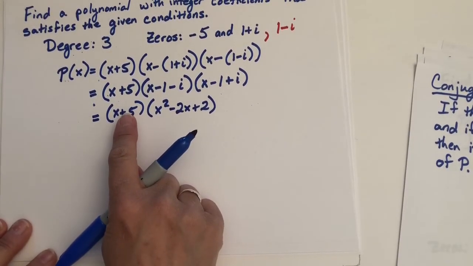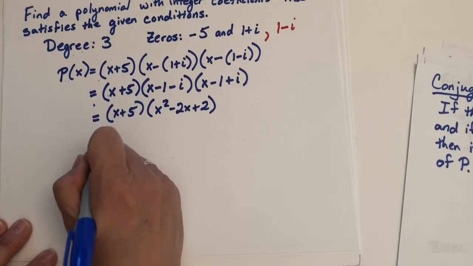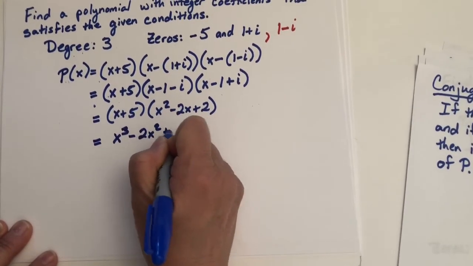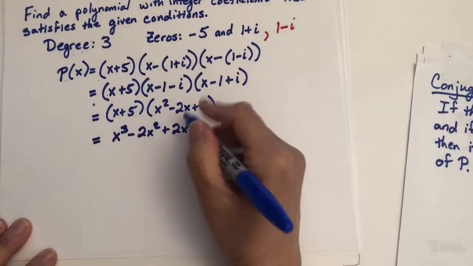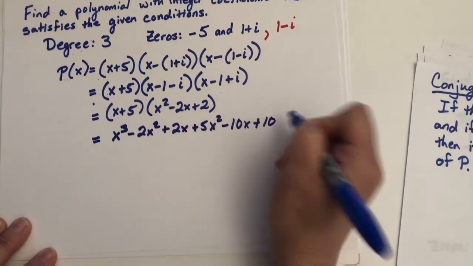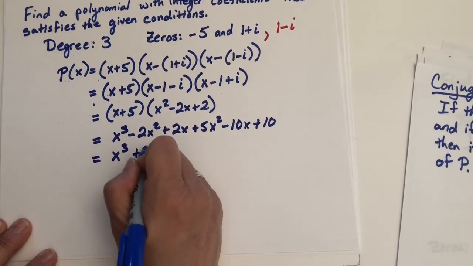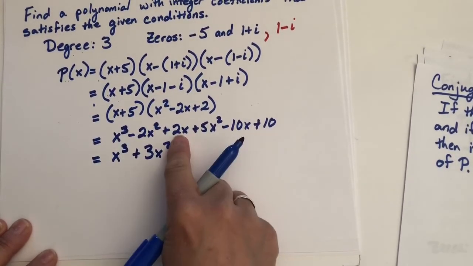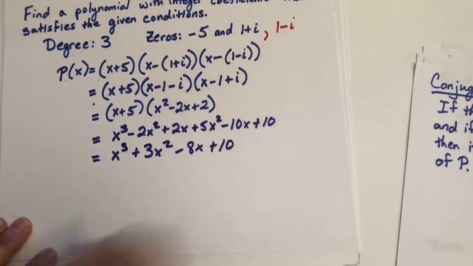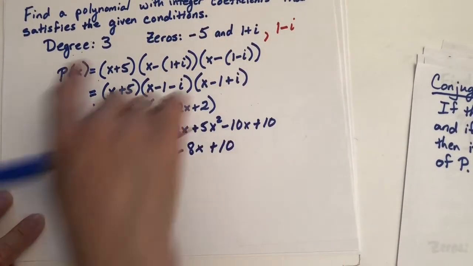And now we can multiply this binomial by this trinomial, distribute the x across, distribute the 5 across, and we get x cubed plus 3x squared. We have negative 10x and 2x, and plus 10. So we have our polynomial that has these zeros that is of degree 3.